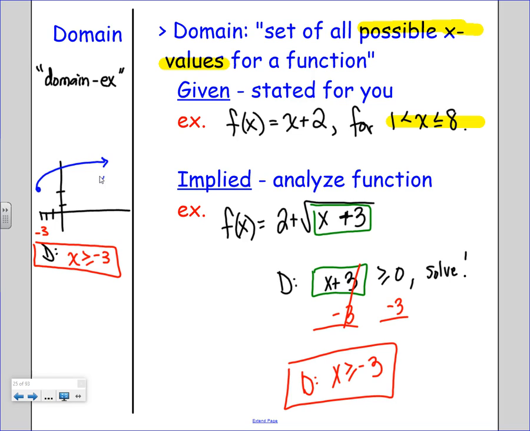But even though the graph hopefully won't get too hard, the function doesn't have to be hard either, as long as you carefully solve.